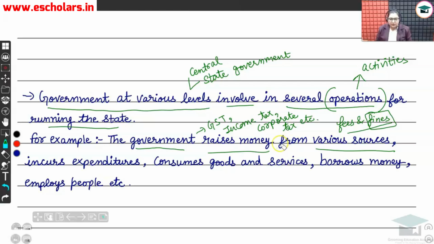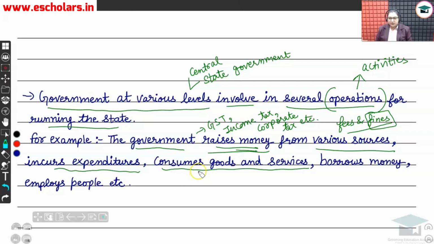So there are various sources by which the government raises the money, and the government utilizes their funds, that is, does the expenditures on the construction of government schools, government hospital, government factories, government companies, etc. Right? So the government does the expenditure also. Next, the government consumes the goods and services also. For example, in the construction of school, the government hires a laborers, right?